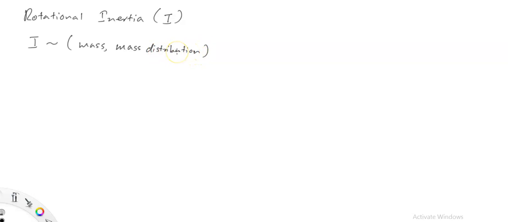Alright, so in class I would have shown you some demonstrations about these things, but here let's think about it this way. Let's say you have this rod, a uniform rod. You are rotating it around this axis.